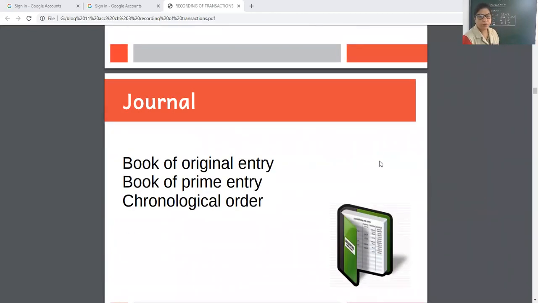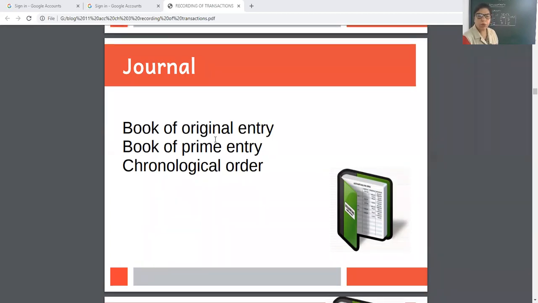Now note down, journal is a book of original entry, book of prime entry, in a chronological, sequential, proper order.